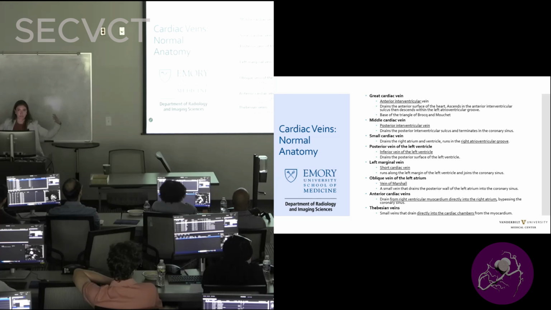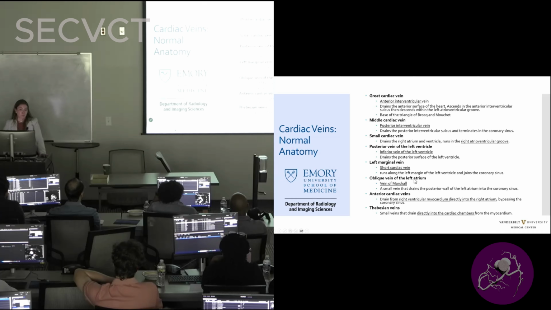So again, the coronary sinus is basically grabbing all of the drainage there. The small cardiac vein runs in the right atrioventricular groove. The posterior vein is in the inferior left ventricle, so it drains the posterior wall wherever the PDA runs. The left marginal vein is also known as the short cardiac vein, and it runs along the left margin of the left ventricle, joining the coronary sinus.